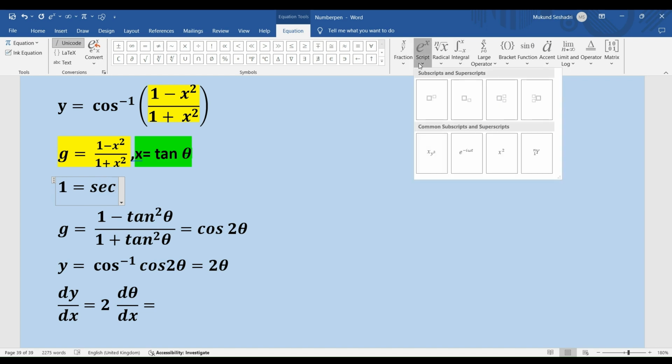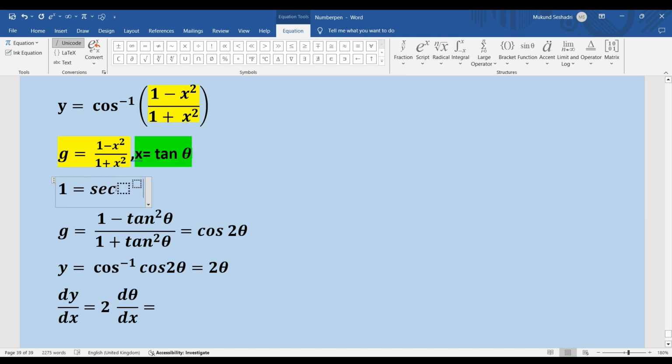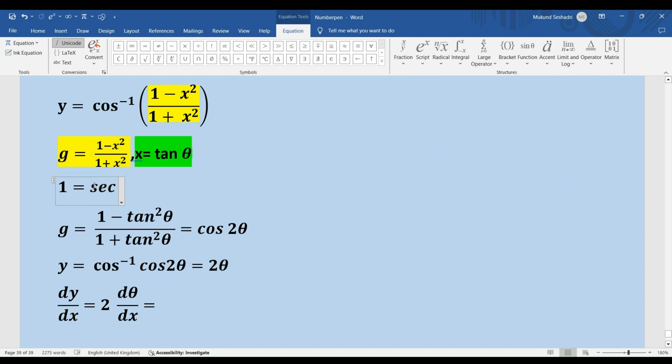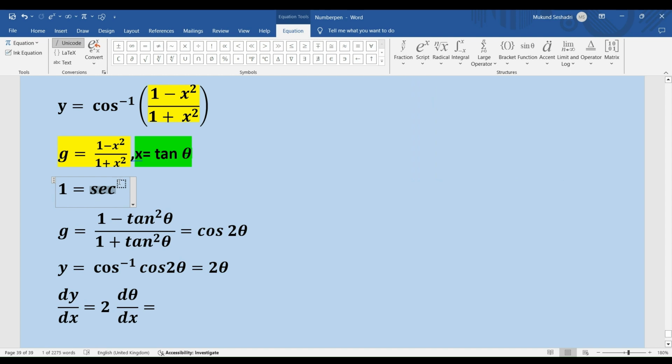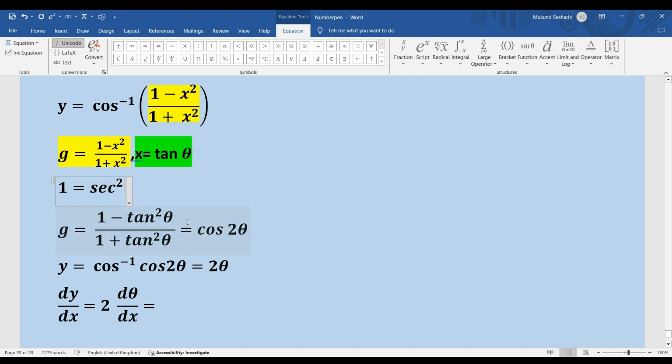The outer function is nothing but a secant square theta. And my inner function here is theta, and I'll have to differentiate it with respect to x, right? So I will end up with a secant square theta d theta by dx on my right hand side of this particular equation, right?